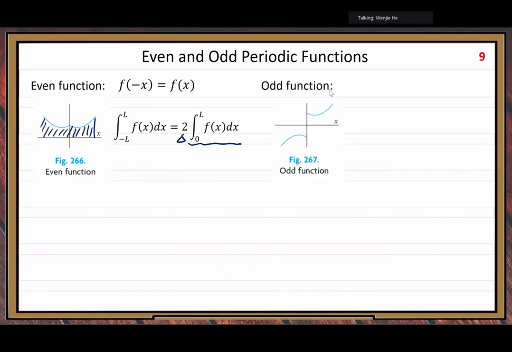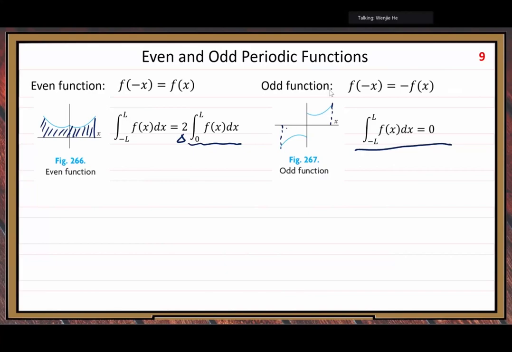For an odd function, the shape is like this. Then its integral equals 0. For any odd function, if you take an integral that is symmetric about the origin, the integral is 0. We still use area to see why this integral equals 0. When we calculate, we allow negative area.